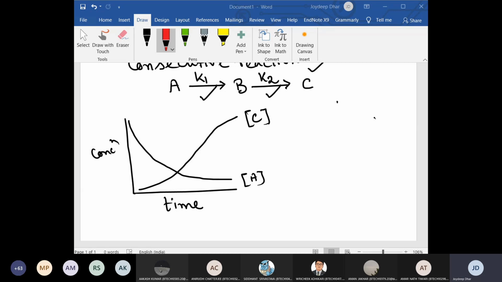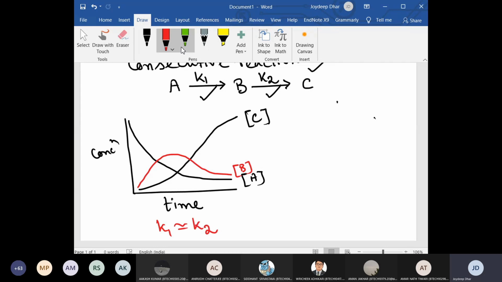So when K1 is equal to K2, then the concentration of B will be like that. So this is the condition when K1 is approximately equal to K2.